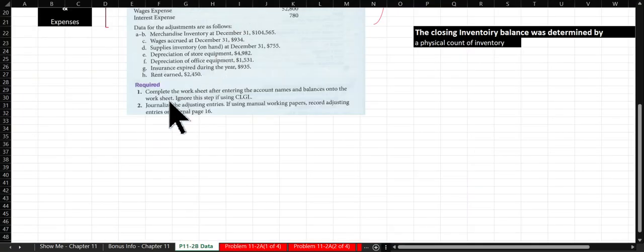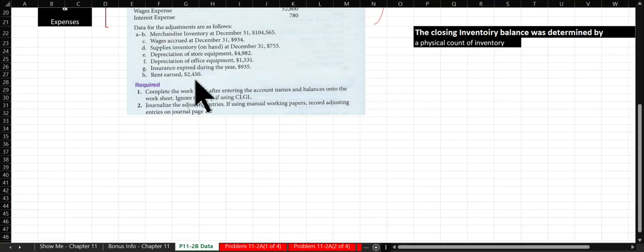The last adjusting entry that we have to make is for rent that was earned, 2,450. Notice that we originally recorded the receipt of rental income, and now we are going to report as revenue the portion that was actually earned.